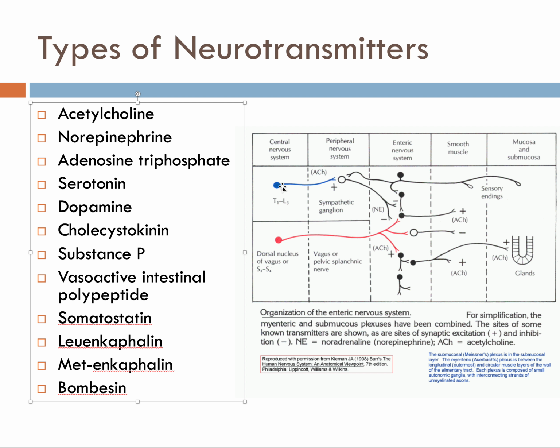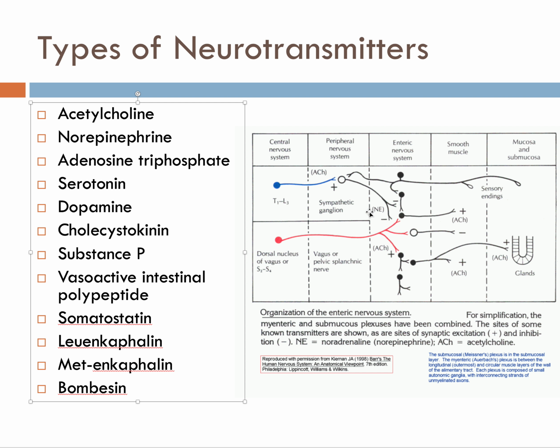And in the parasympathetic nervous system and sympathetic nervous system, we're going to have acetylcholine released from both preganglionic nerves. And where we're going to differ is in the sympathetic ganglia, we will have norepinephrine released from the postganglionic, where in the parasympathetic, we're going to have acetylcholine released from the postganglionic.